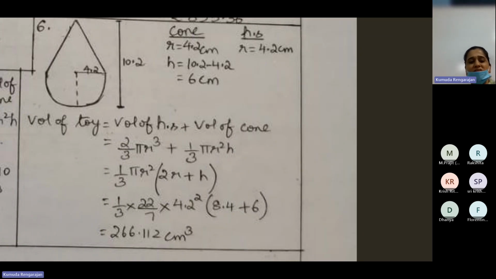Because the calculations are not tedious. R is the same for hemisphere and cone, so I've taken out 1 by 3 pi r square. 1 by 3 into 2 is 2 by 3.